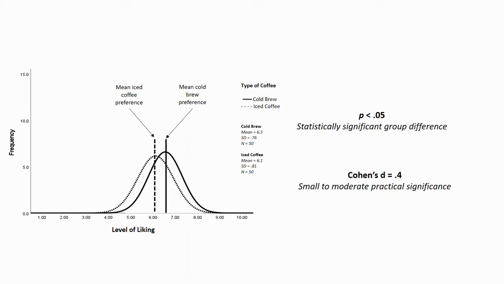When we look back at the distributions, we can see that the mean liking is above the midpoint on our 10-point scale for both groups. However, the average likability between the two coffees doesn't seem to differ dramatically. When we look back at the two distributions, we see that there is overlap between the two groups. Had the effect size been larger, there would have been less overlap.